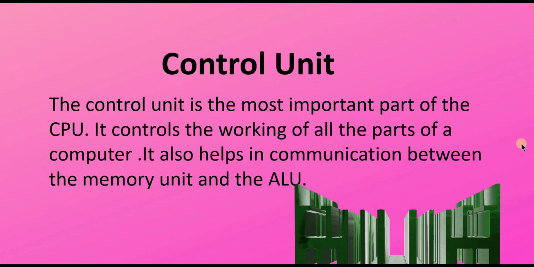Next is control unit or CU. The control unit is the most important part of the CPU. Like a traffic policeman, it controls the working of all the parts of a computer.